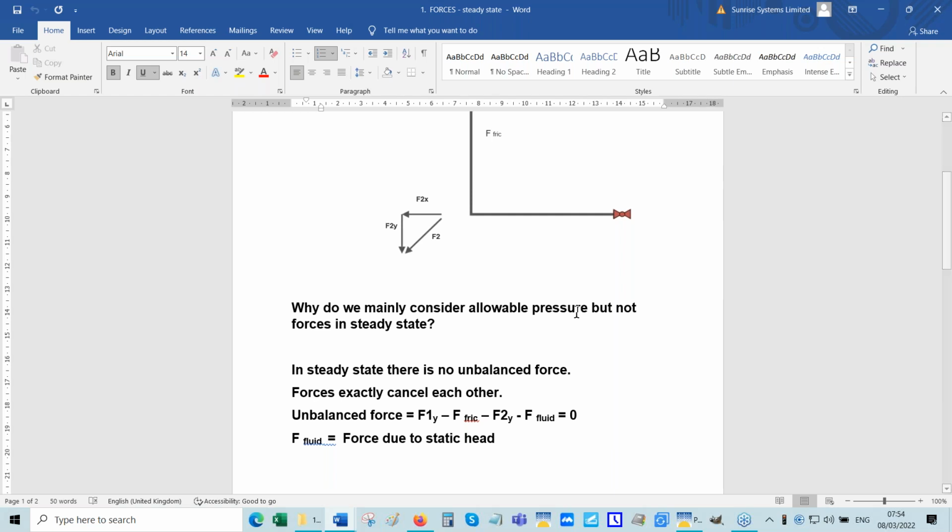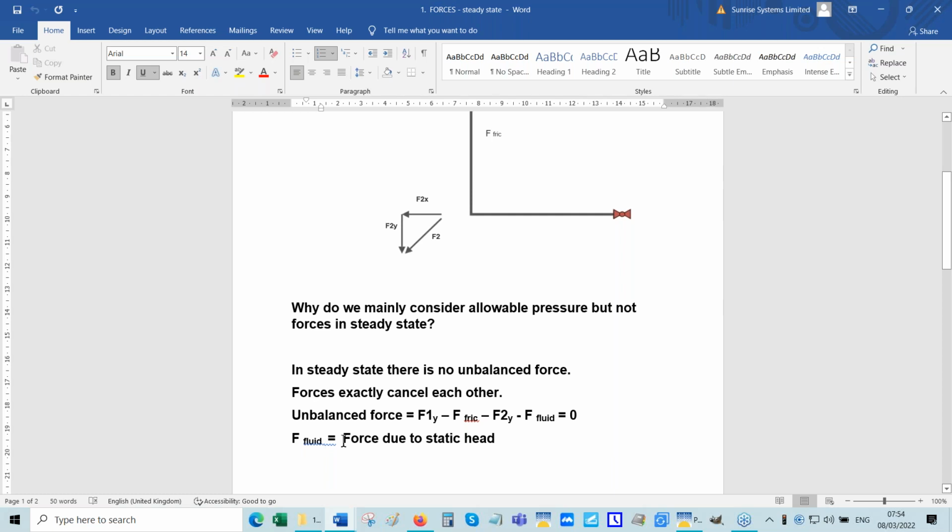And that is because, in steady state, there is no unbalanced force, or at least what I mean by that is the unbalanced force is equal to 0, because all the forces exactly cancel each other.